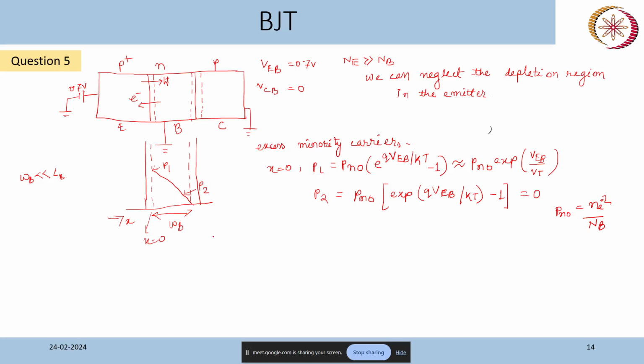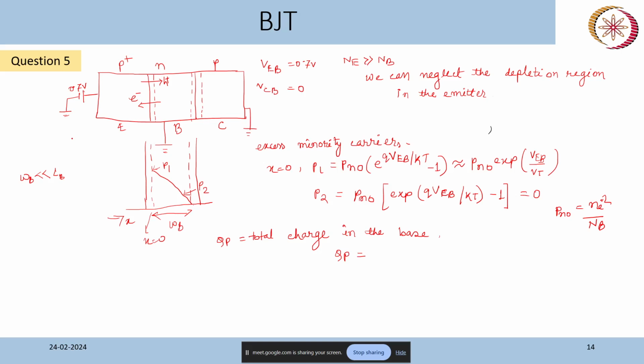So let's consider QP as the total charge in the base. Now how we can calculate the charge in the base?